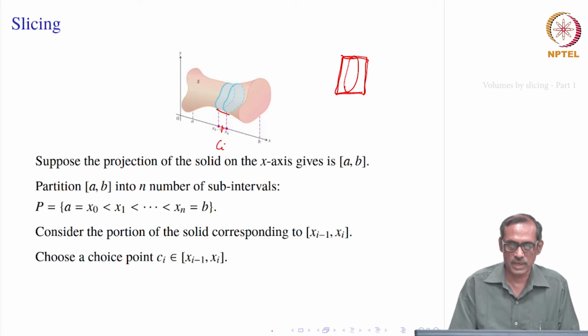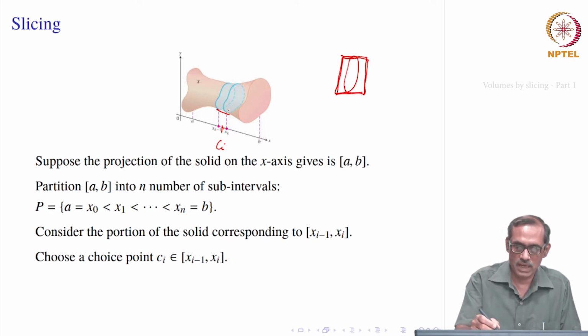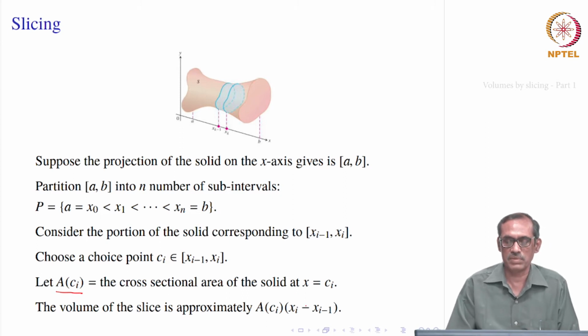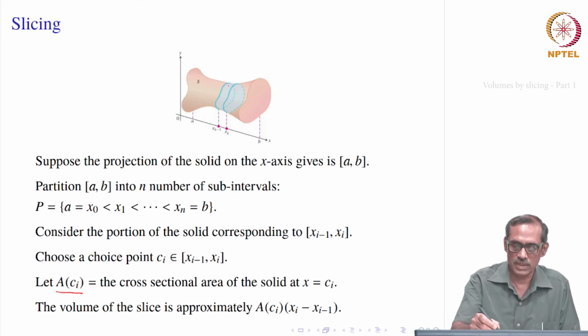Similarly we are doing here, but now instead of f at c I we are taking area at c I. Then this area of c I, or A of c I as we write, is the cross sectional area of the solid at x equal to c I. So, it is somewhere here, it is that cross sectional area.